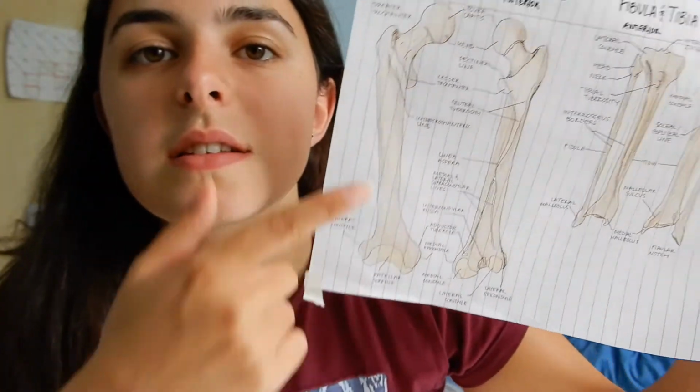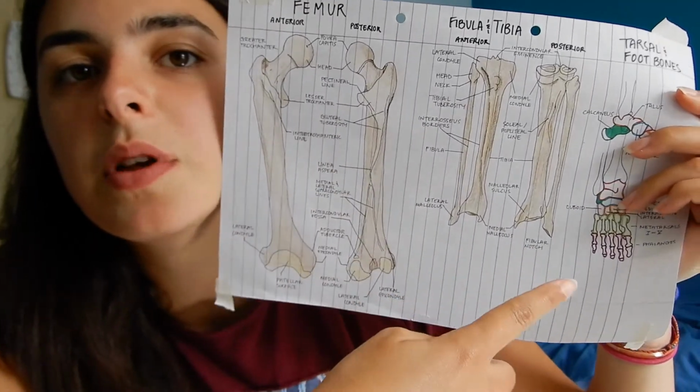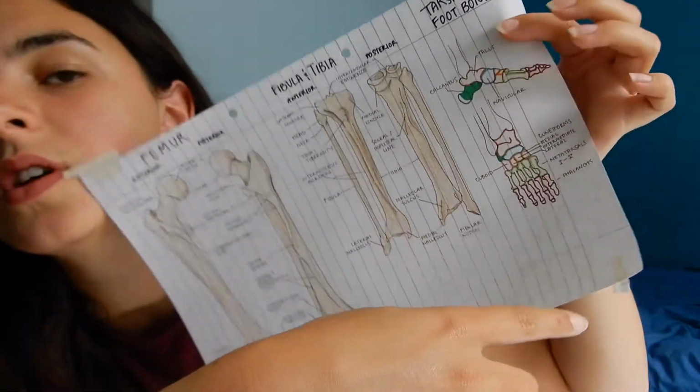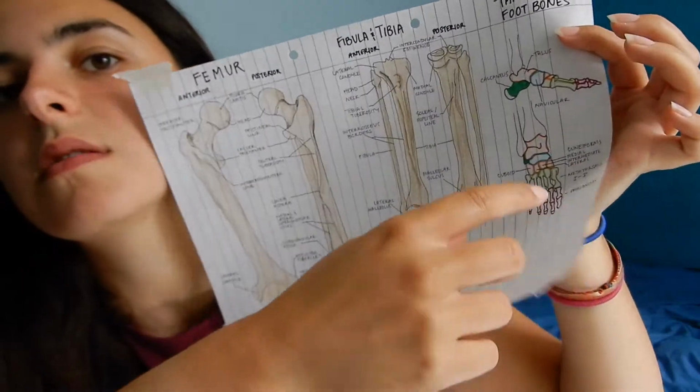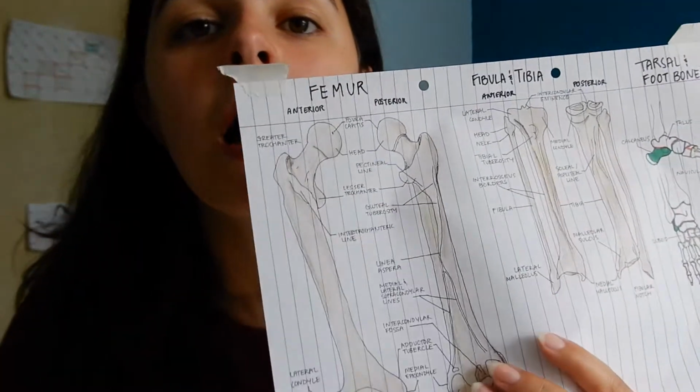And you can see that I have drawn the femur, tibia, fibula, and then the metatarsals, the tarsals, and phalangeal bones. But what I wanted to say was, I also labelled them.